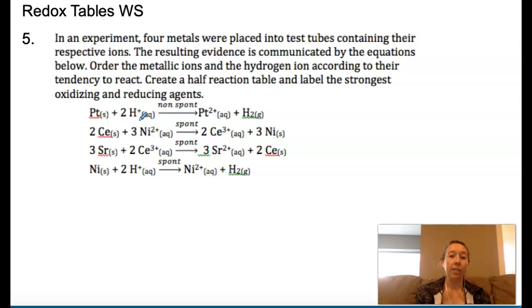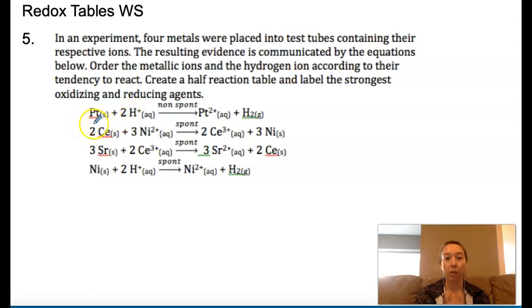Once I decide that one of them is something, I know that the other one has to be the opposite. If platinum is the OA, I automatically know that hydrogen ion has to be the RA. Or if platinum is the RA, by default, the hydrogen ion has to be the OA. So we only have to decide what one of the reactants is, and then we automatically know what the other one is.